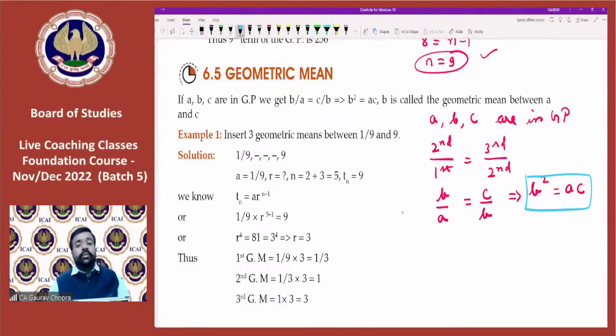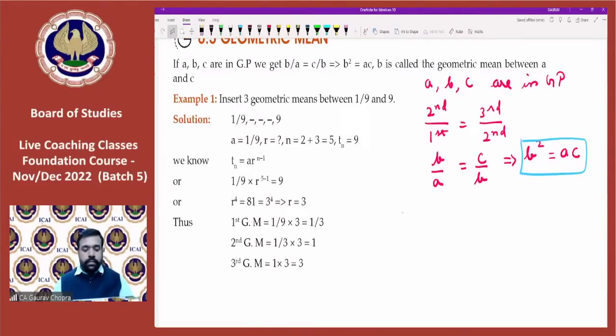Whenever three numbers or a series are in geometric progression, then we can apply this formula: B square is equal to AC.